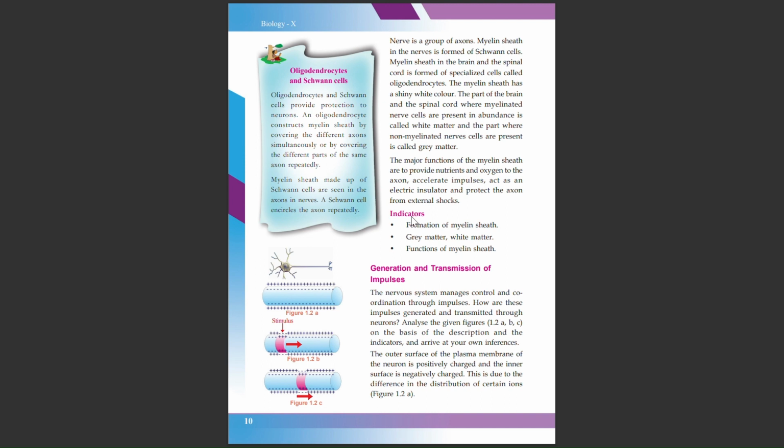It won't be contacting extracellularly. So myelin sheath provides it, and it also accelerates the impulses. It helps in accelerating the impulses transmitted by the axons, and it acts as an electric insulator.